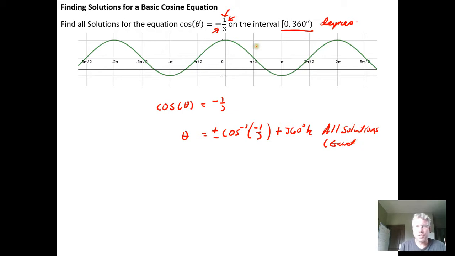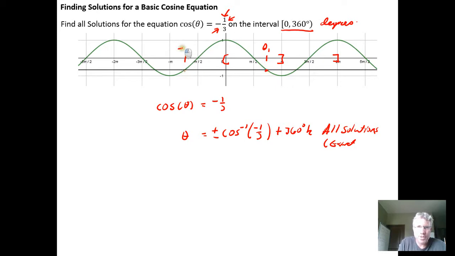And if we want just the solutions on the interval from 0 to 360, we recognize that the positive angle is going to give us the angle on the interval from 0 to pi. This is going to be the first answer. And then the negative angle is the angle over here.